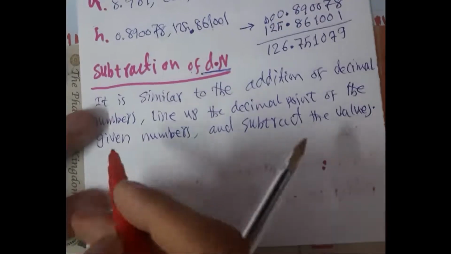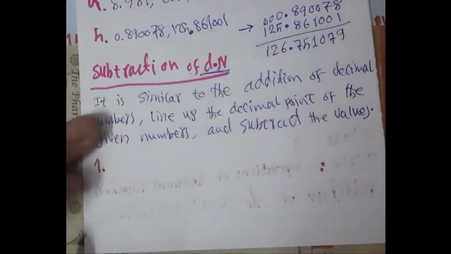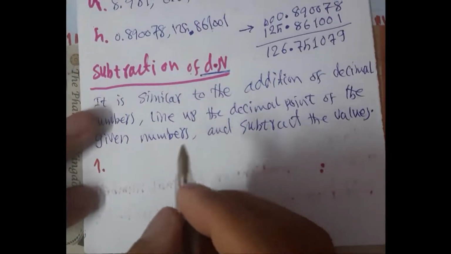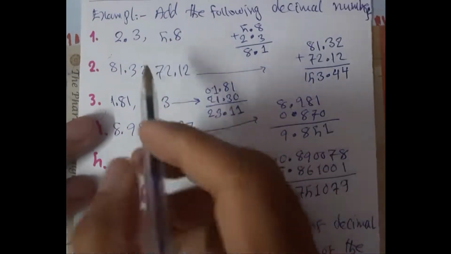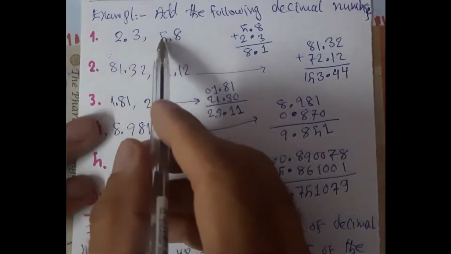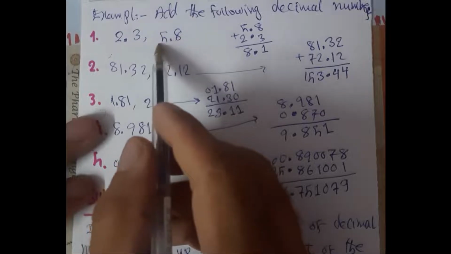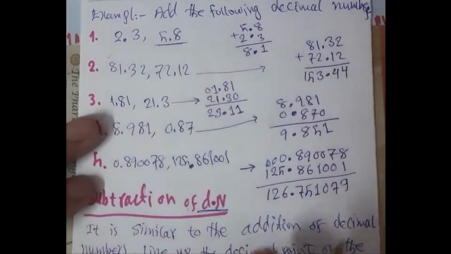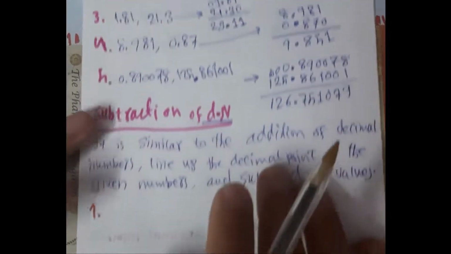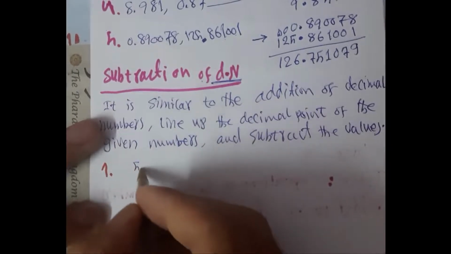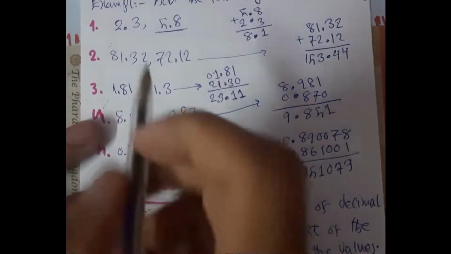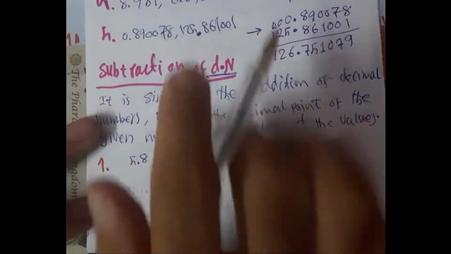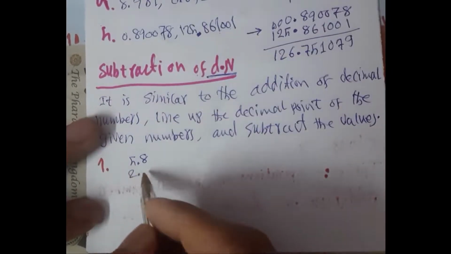Question 1. We have 2.3 and 5.8. Which one is bigger? Obviously 5.8 is bigger. So we write here 5.8. Second number is 2.3. We write it like this.